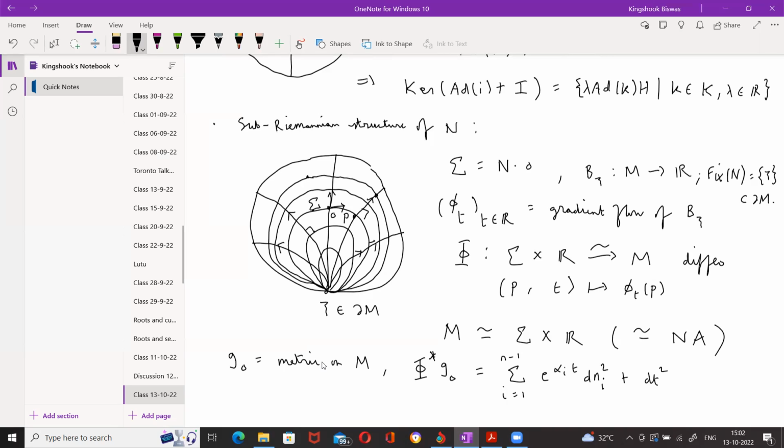And when I pull back, why do I get this factor e to the alpha_i t? That's because when I flow along these geodesics, what happens to my vector at the origin?